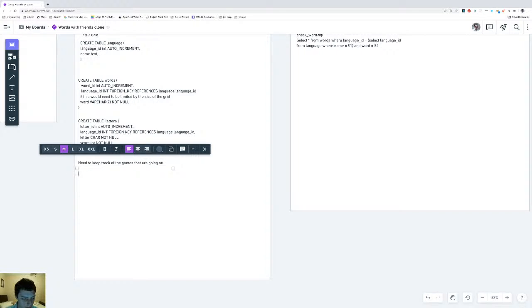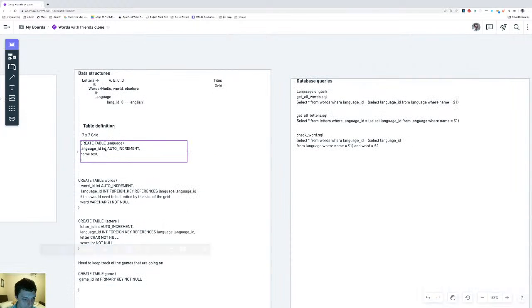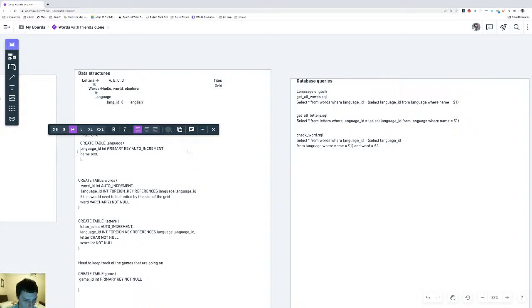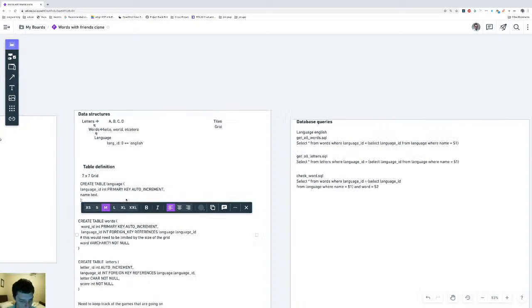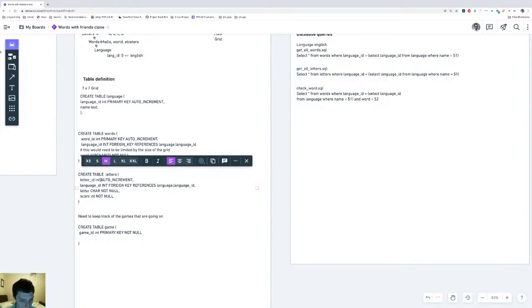So, something like a table for games. I'm not sure if you need to use a primary key here, but I'm going to anyways.